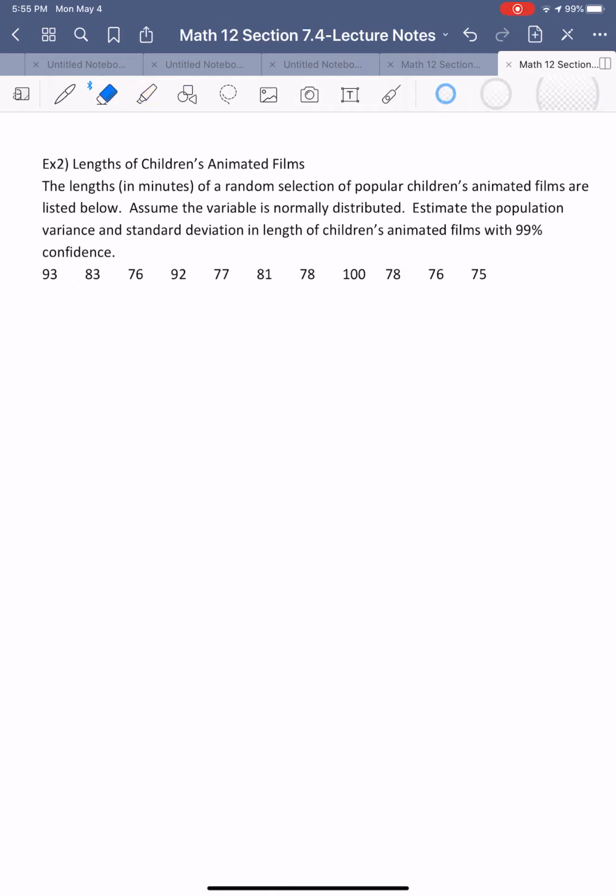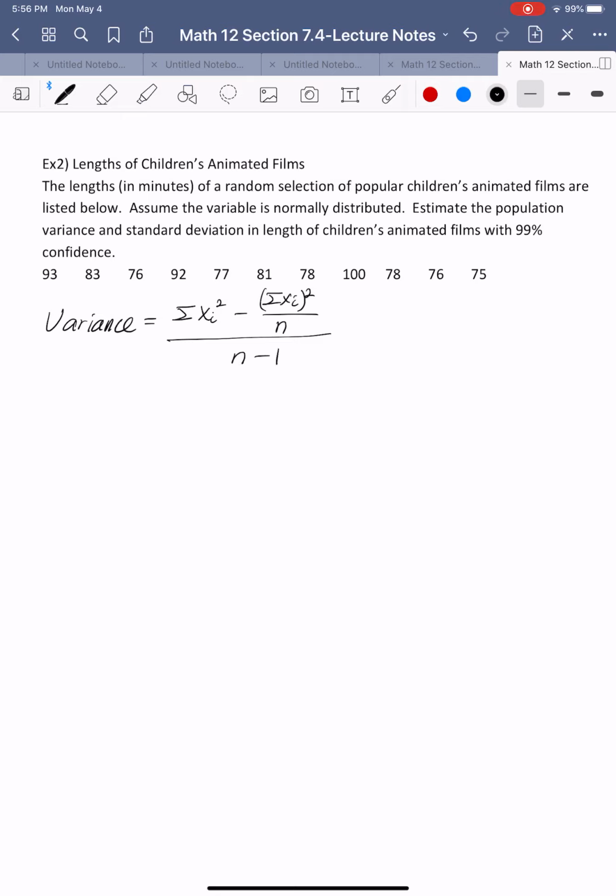In order to find the variance, there is a formula. The variance formula is the sum of x sub i squared minus the sum of x sub i, squared, divided by n, all over n minus 1.